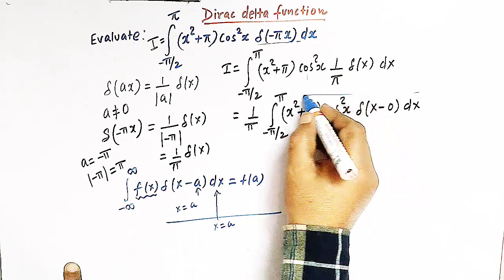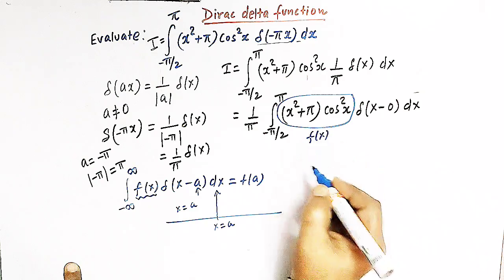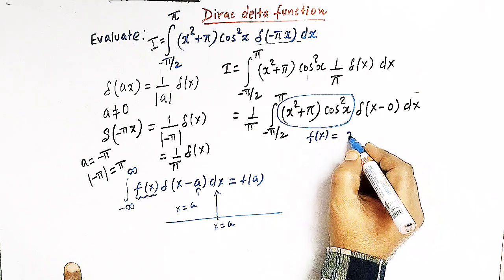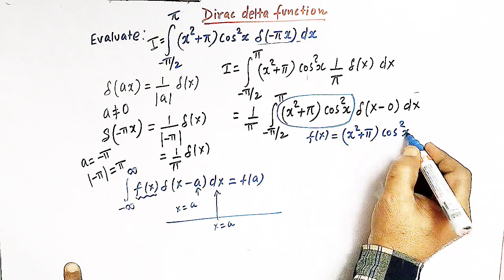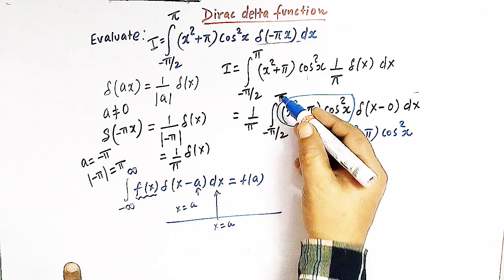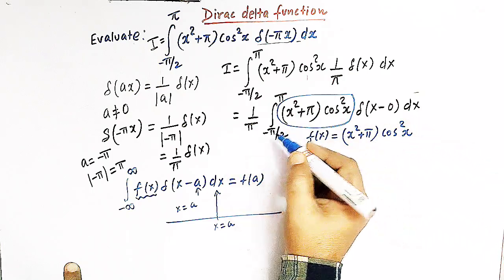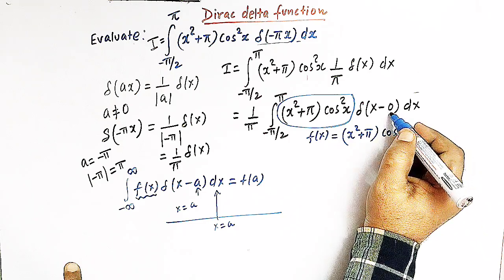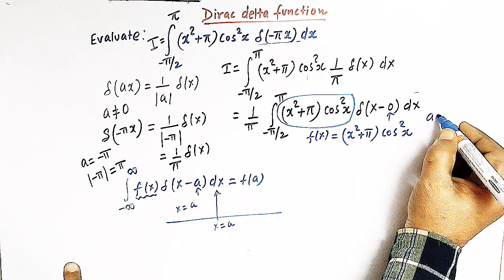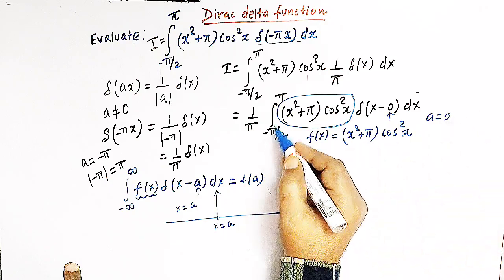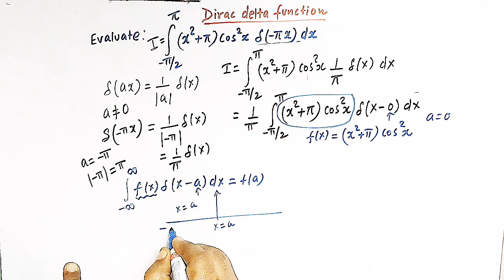So here we can now take this function as f of x. So f of x is x square plus pi cos square x. And the domain over which we have to integrate is from minus pi by 2 to pi, and we can see that this point, that is a equal to 0, lies within this interval, that is minus pi by 2 to pi.